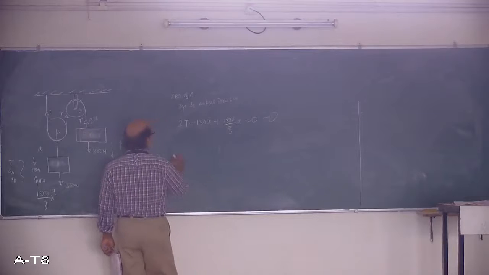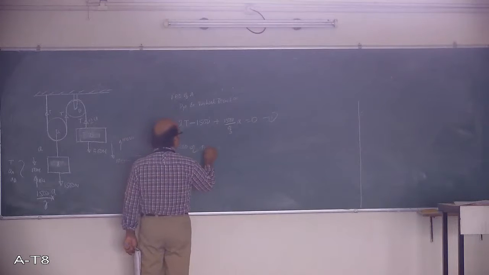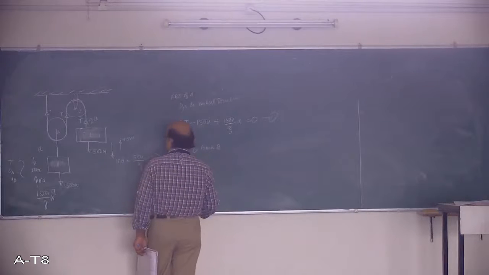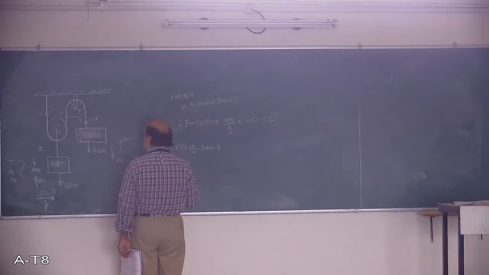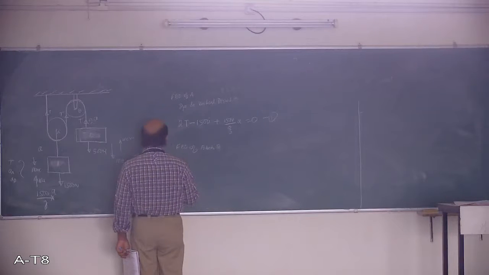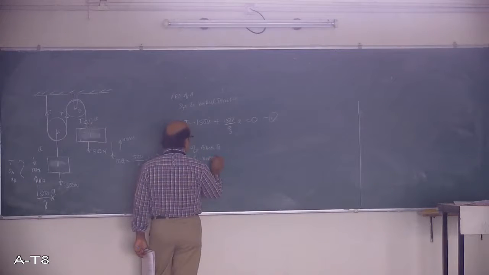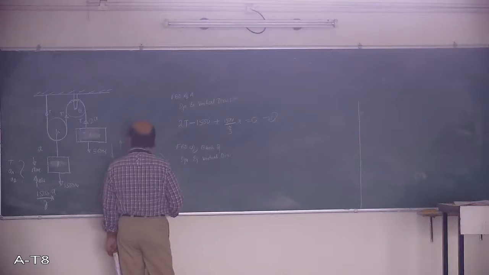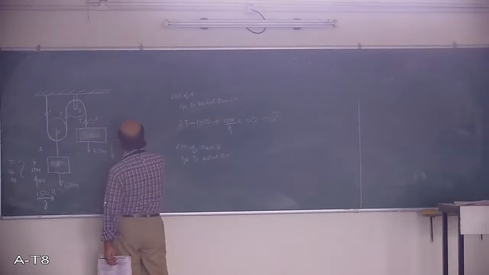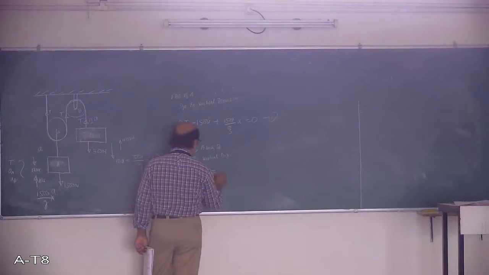And the free body diagram of block B: apply dynamic equilibrium in the vertical direction. The 500 Newton is acting downwards, T is acting upwards. So I'll take T positive minus 500 Newton.